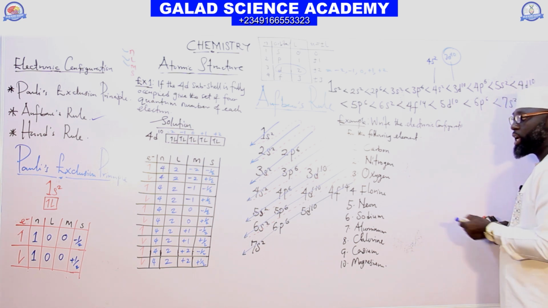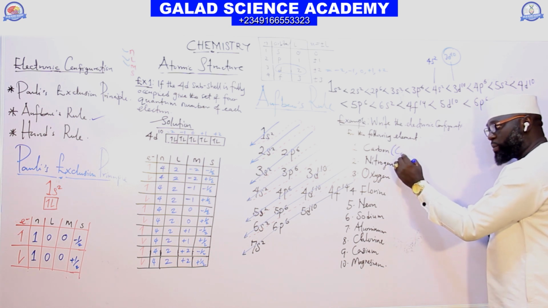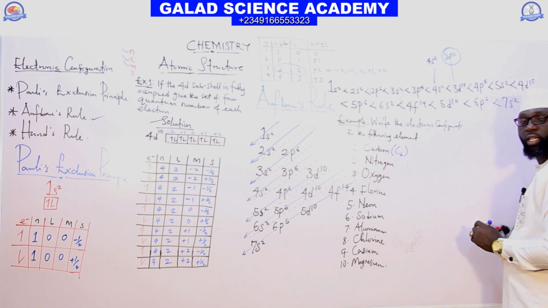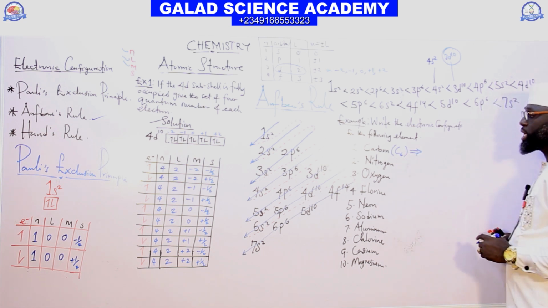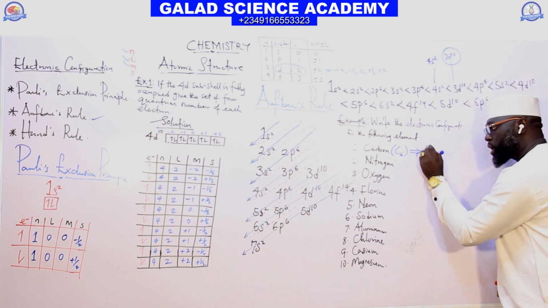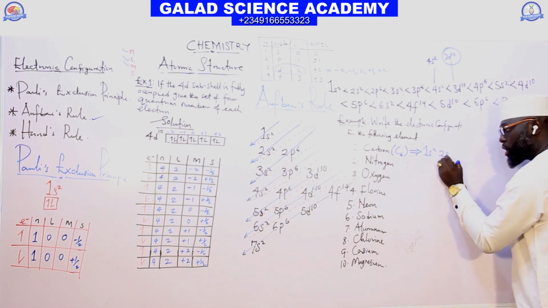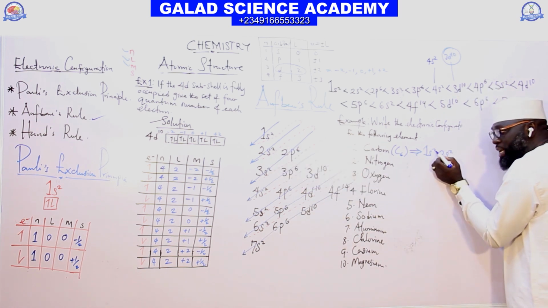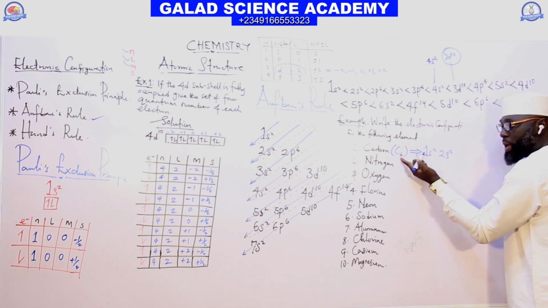Look at carbon. It has atomic number 6. We start from here: 1s2, followed by 2s2. This is the number of electrons: 2 here, 2 here, 2 plus 2 making 4, remaining 2 to make it 6.